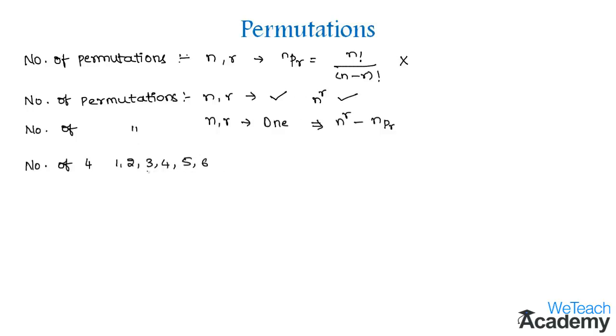By this formula we get the value of n as 6 and r as 4, as we have to find the number of 4-digit numbers using these digits. The formula is n power r. By applying the formula we get 6 power 4, which is 1296.